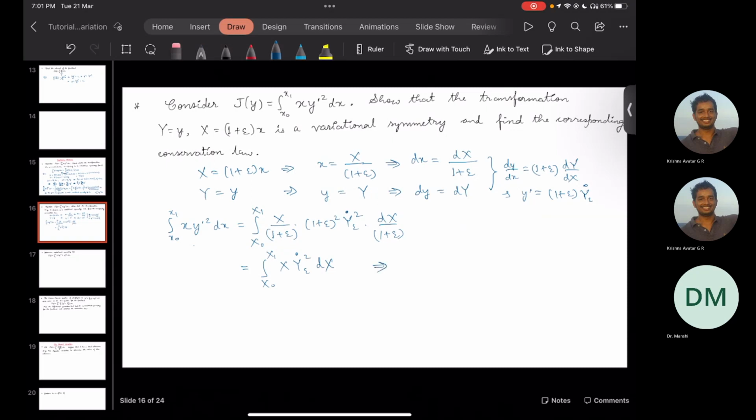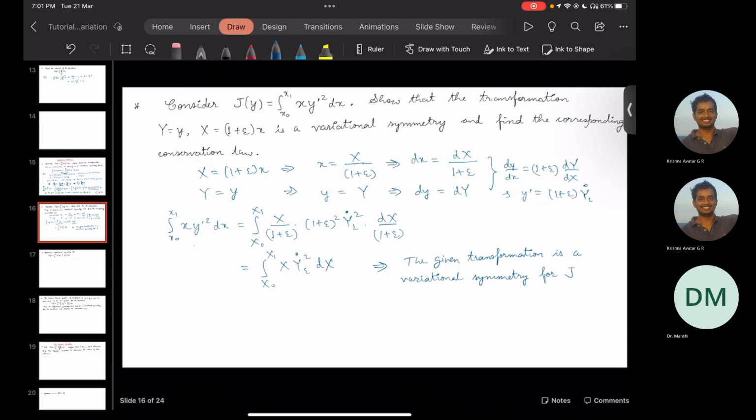So this simply means that the given transformation is a variational symmetry for the functional J.